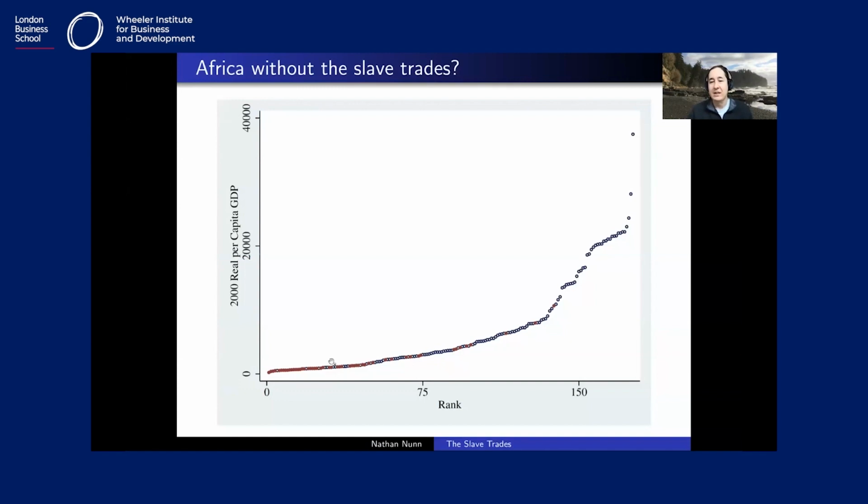So what this is showing here on the y-axis is real per capita GDP. Each dot is a country, all countries in the world, so we have nearly 200 of these dots. This is, I think, Luxembourg, the US, and they're ordered from lowest per capita GDP measured in 2000 to highest per capita GDP measured in 2000.